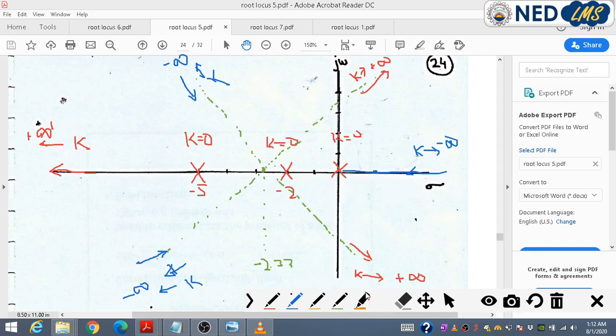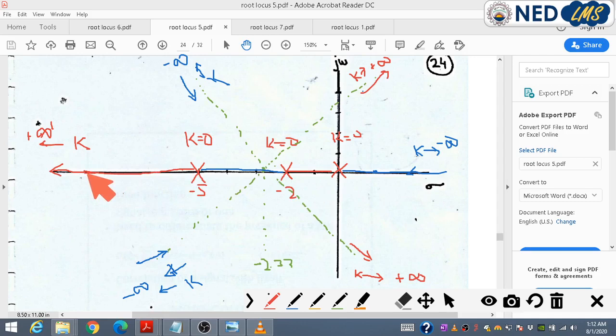Beyond this pole, my count is 1, an odd number, therefore this particular portion belongs to RL. Then my count beyond the second pole is again even, so this portion is CRL. And again my count is 3 with respect to this search point on the right side, therefore this particular portion belongs to RL. Okay, fine.